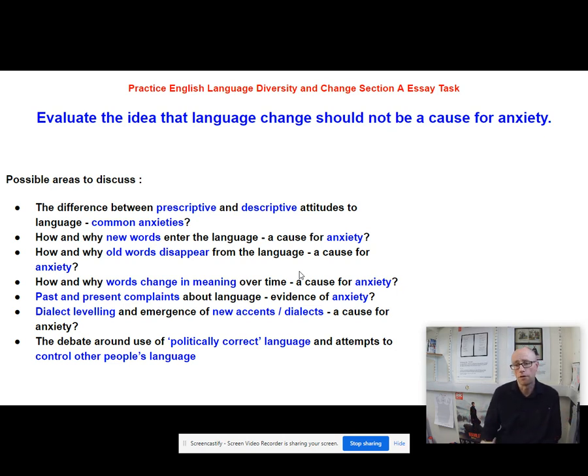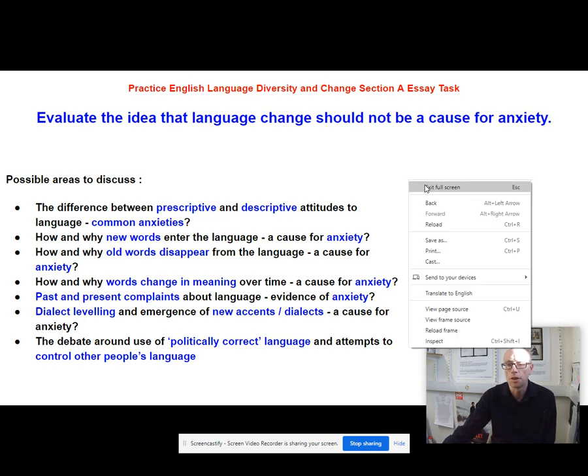So the very existence of things like MLE, multicultural London English, for example, is this a cause for anxiety, or indeed is it a cause for some kind of celebration? And you might want to discuss the things that we've been looking at in the last few slides about politically correct language and the attempts to encourage people to use different forms of language. Is this to be resisted? Is this a cause for anxiety? Or is this something to be encouraged? Plenty for you to be getting your teeth into in this particular question.